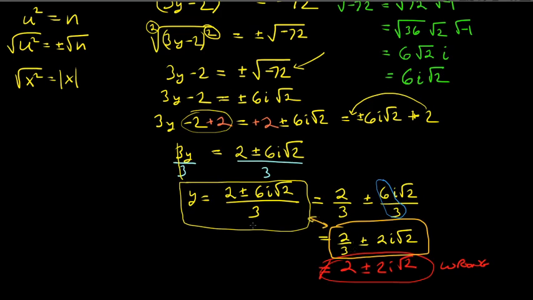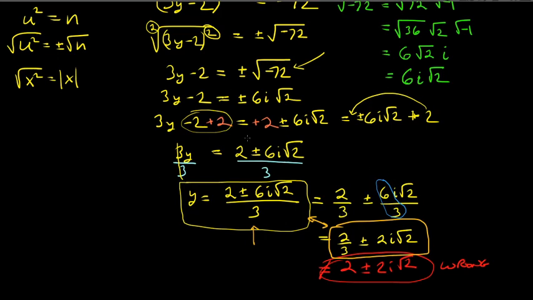But generally speaking, I tend to leave it like this, unless you can factor out of both terms. So if this 2 here were, say, a 12 or a 6 or a 3, then you can factor out that 3 or 6 or 12 or whatever, and then cancel. But in this case, 2 is not divisible by 3. That's why we leave it as 2/3. But the 6 is divisible by 3, but you can only do that after splitting up your terms here.